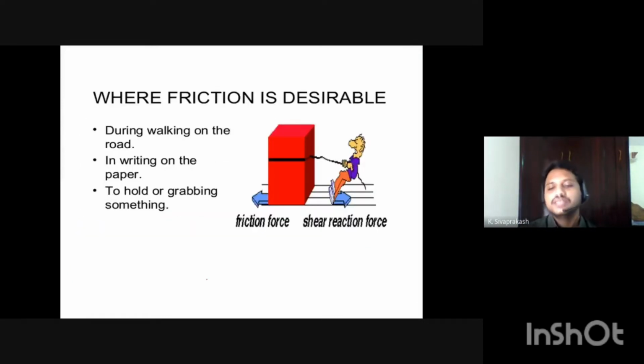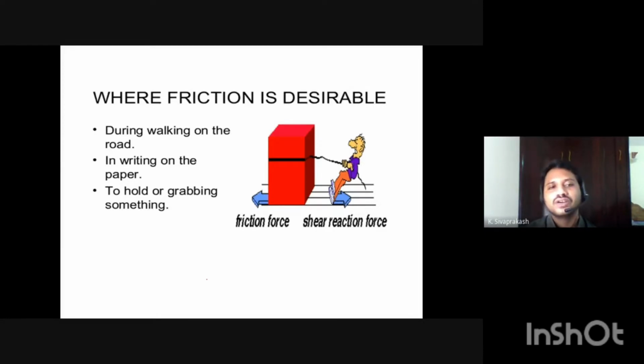Friction has some advantages as well as some disadvantages. In some applications friction is a plus point, and in others it is a negative point. Let us see the positive points first. Where is friction desirable?